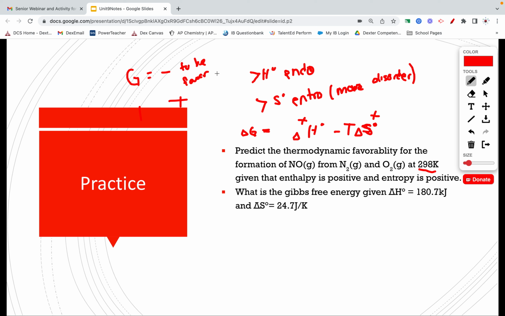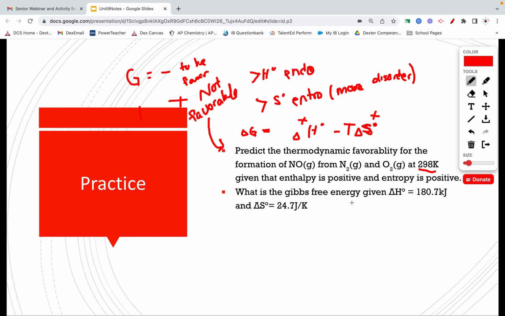And if Gibbs is positive, it is not favorable. So just based upon our general knowledge of positive entropy and positive enthalpy at low temperature, we assume our reaction isn't favorable. Well, let's test it.